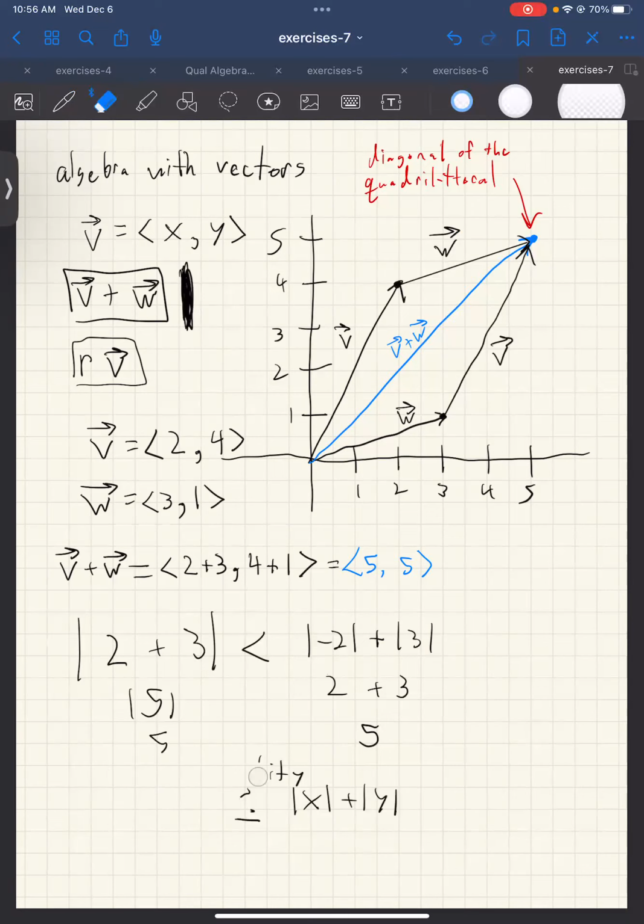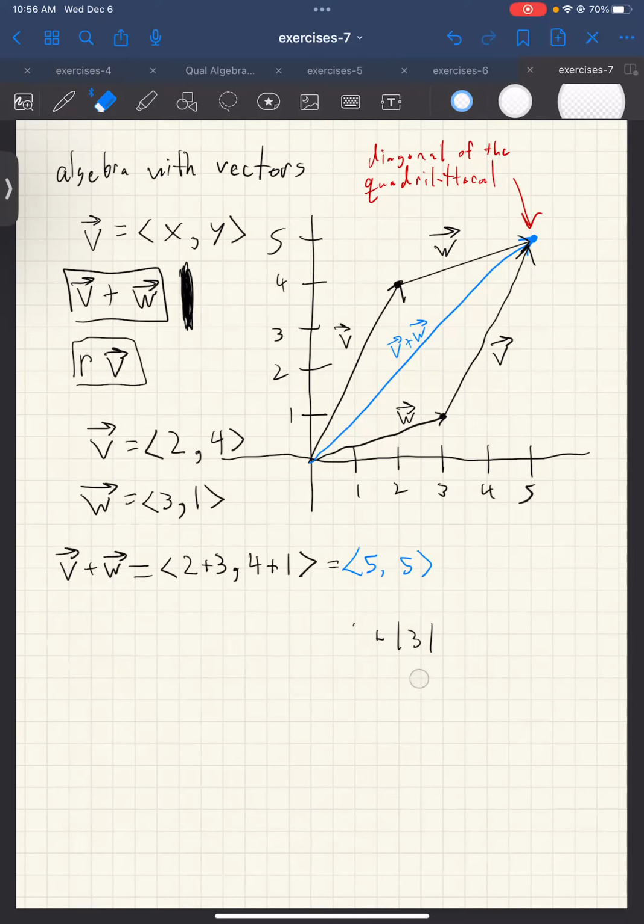Well, let's say that we're looking at our vectors here. Again, vectors don't really have absolute values, they have magnitude. So we can talk about the magnitude of our vectors to talk about their length.